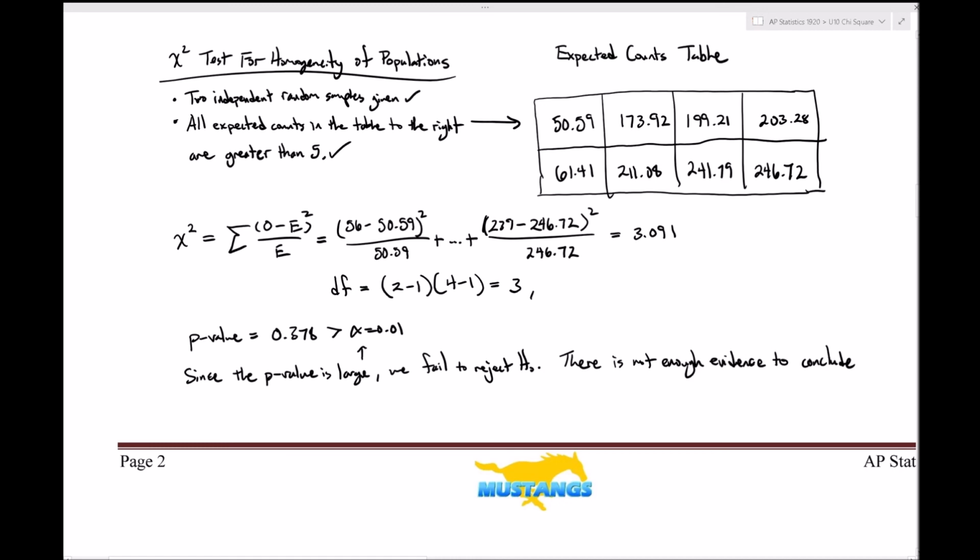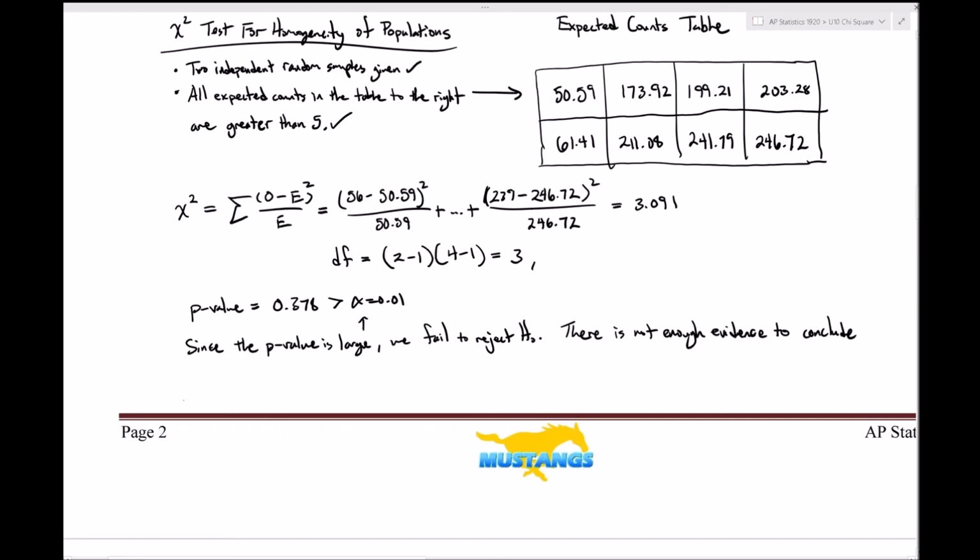These were natural scientists and social scientists. So conclude that natural and social scientists differ in their degree of spirituality.